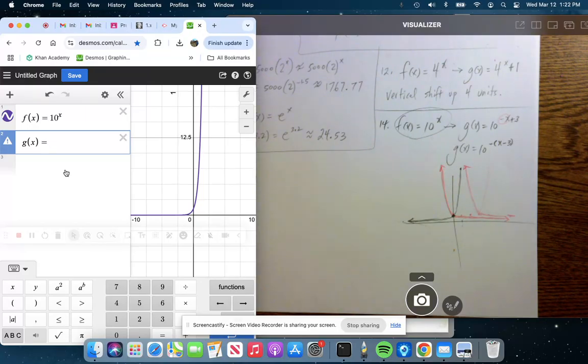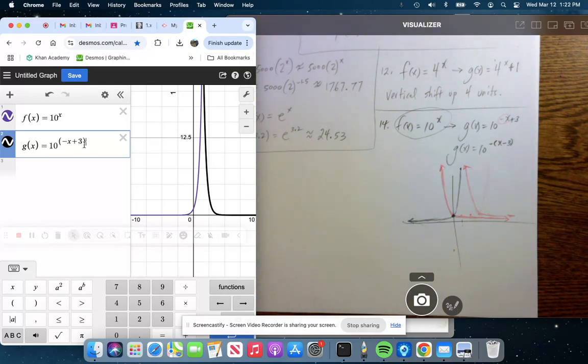So 10 raised to, and I'm going to put in what's originally given here, negative x. All right, so I did that, right? When I did negative x, it gave me this graph. And then when I add 3, I'm thinking it's going to move it to the right 3. Dang it. I think I have to put this in parentheses. Negative x plus 3. Yes, it worked. All right, so that's right.